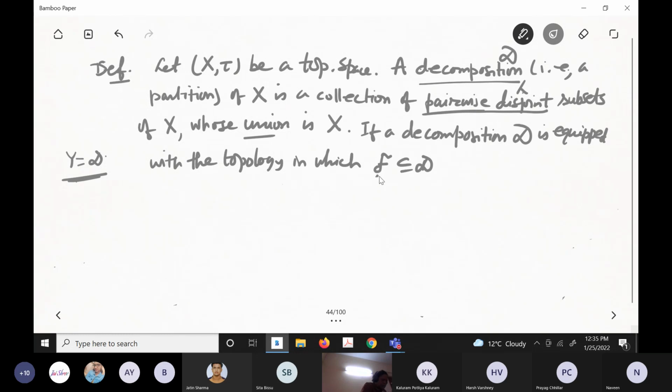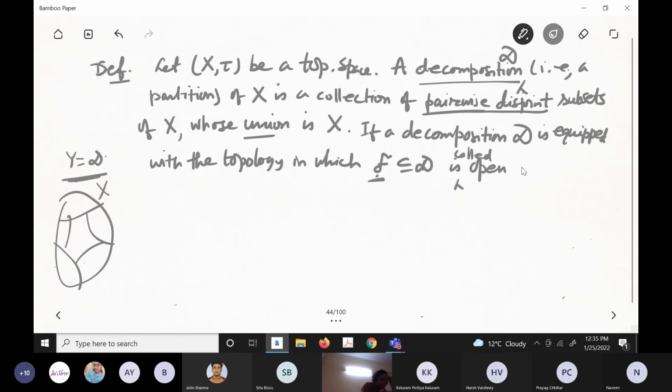Here this is your X and these classes are members of D. So F will be a union of some of these partitions. So F, a subset of D, I will call open if a decomposition space is equipped with the topology.